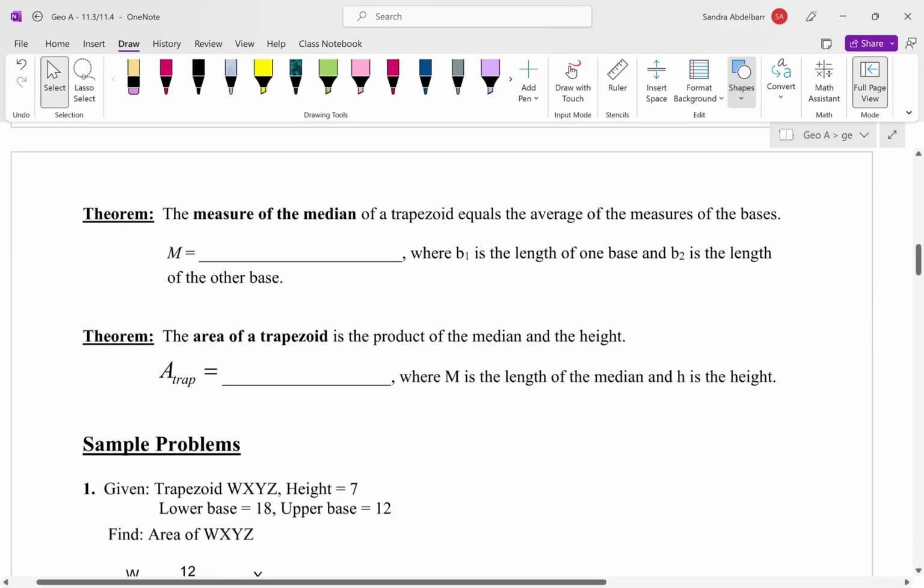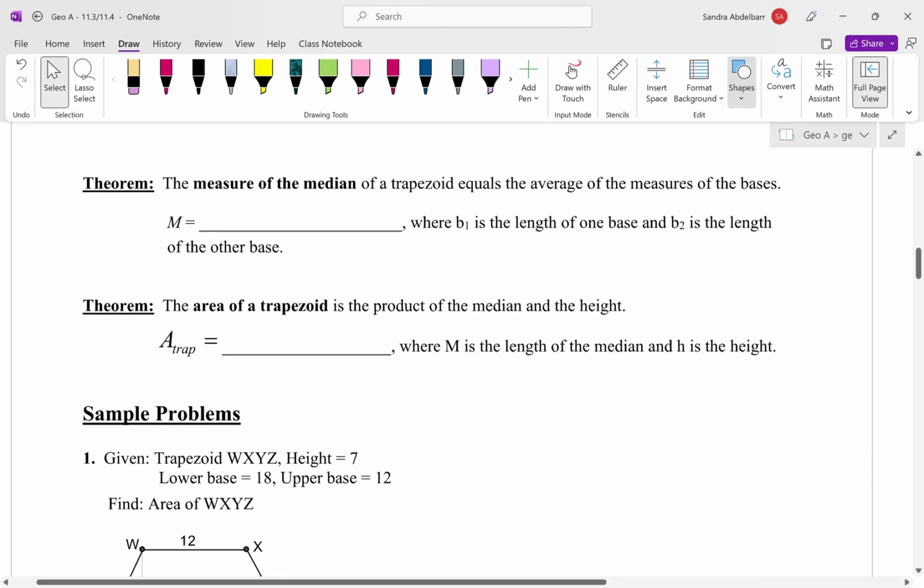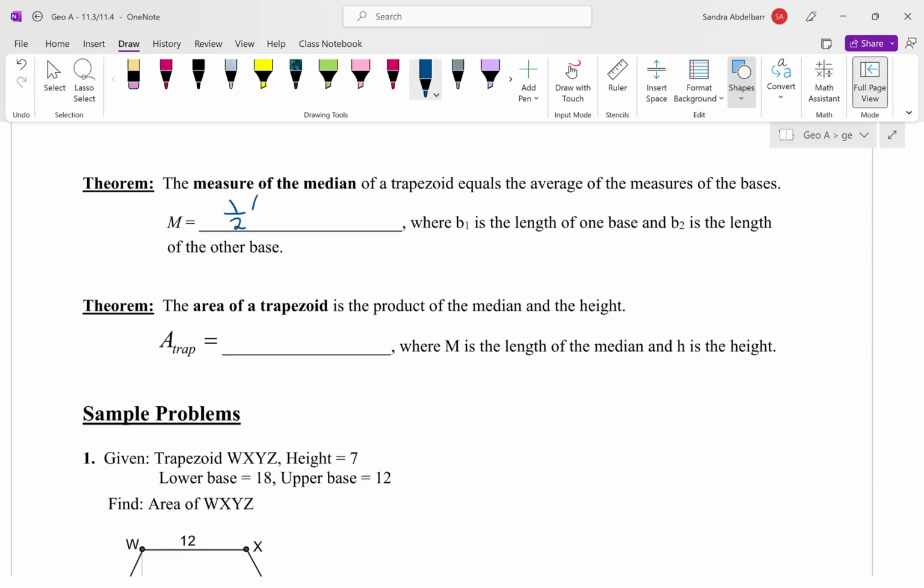All right, how do we find the median of a trapezoid? The median of the trapezoid is going to be half, parentheses, base 1 plus base 2. I write this a little bit neater. There we go. I'll zoom in for you.